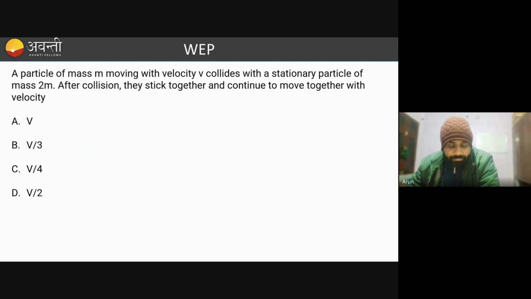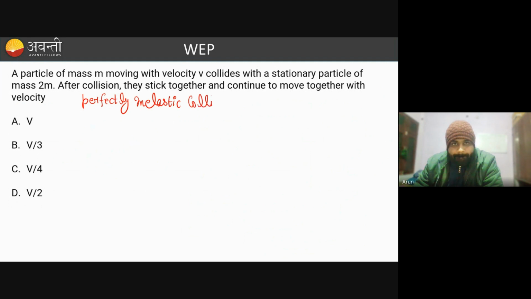So what happens in a perfectly inelastic collision? Two bodies come together, make collision, and then they move together as a single body. That type of collision is termed a perfectly inelastic collision. For perfectly inelastic collision, e is equal to 0, and e is nothing but the coefficient of restitution.